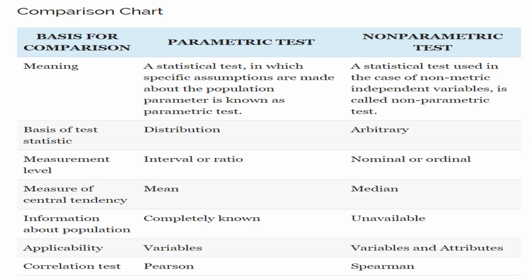So do not forget that when you say parametric test, we use this if we have like specific assumptions about the characteristics of our population. And if ever we don't have a specific assumption about our population at the same time, we don't have non-metric independent variables, then we will be doing non-parametric test.